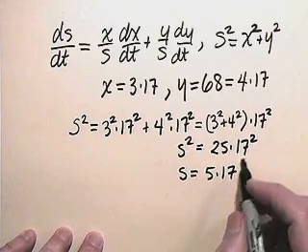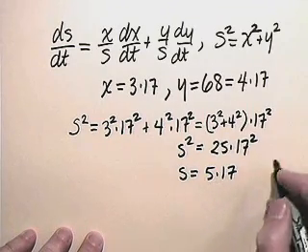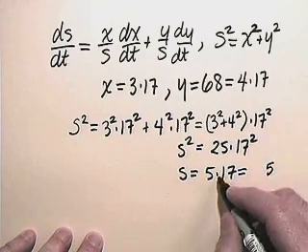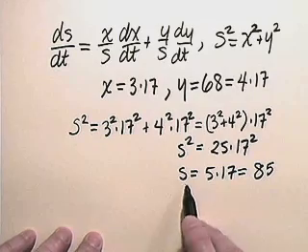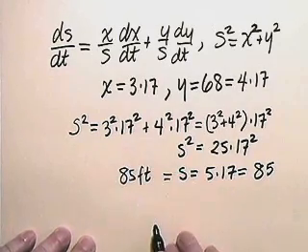And so there we have s is 5 times 17. And of course, 5 times 17, let's see, 5 times 7 is 35, carry 3, we have 85. So at the instant we're interested in, s is 85 feet.